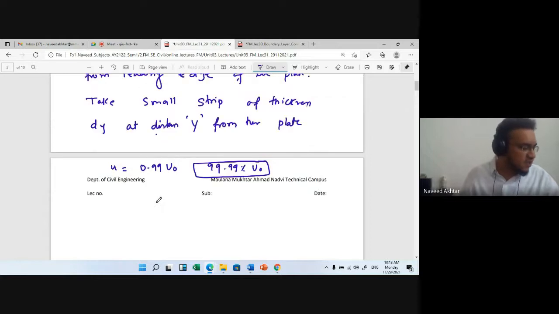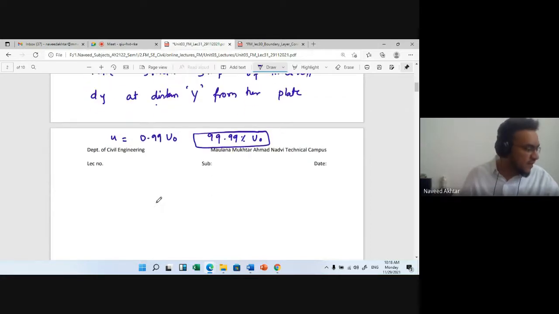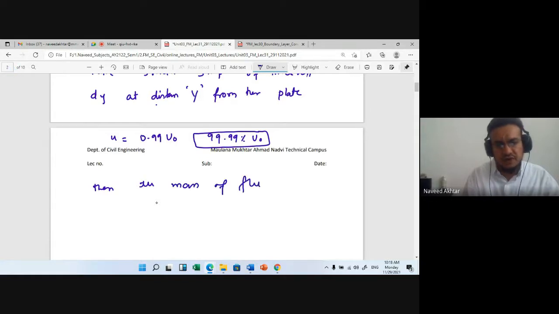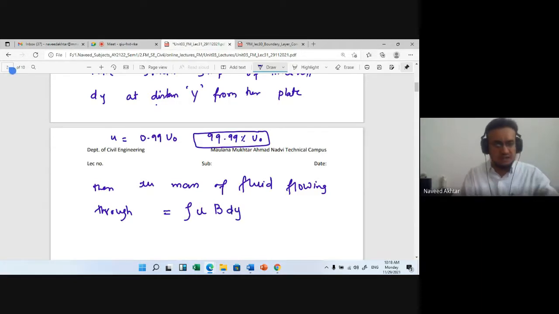Now, small strip of thickness dy at a distance y from the plate. Then the mass of fluid flowing through the strip is equal to rho u times B dy, since this strip is inside the boundary layer and the thickness is the small dy, flowing with velocity u.